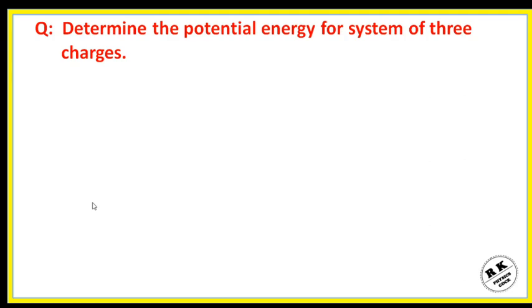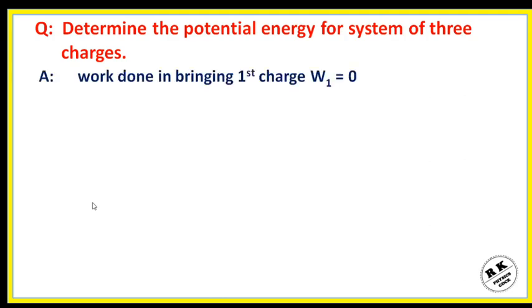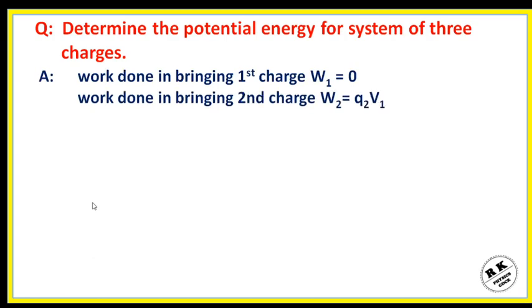Now let us derive it for only a system of 3 charges. As we have discussed, the work done in bringing the first charge will be 0. When we bring the second charge, it experiences potential due to the already present first charge. So W2 will be Q2 V1.